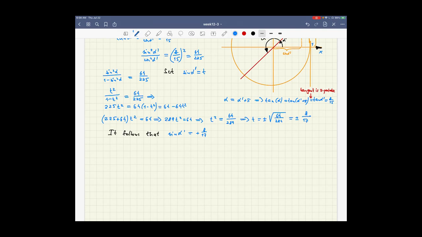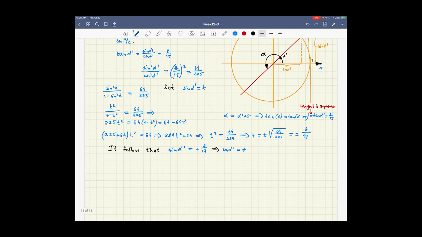We can now easily find cosine alpha prime. That is, of course, positive, because again, alpha prime is in the first quadrant.